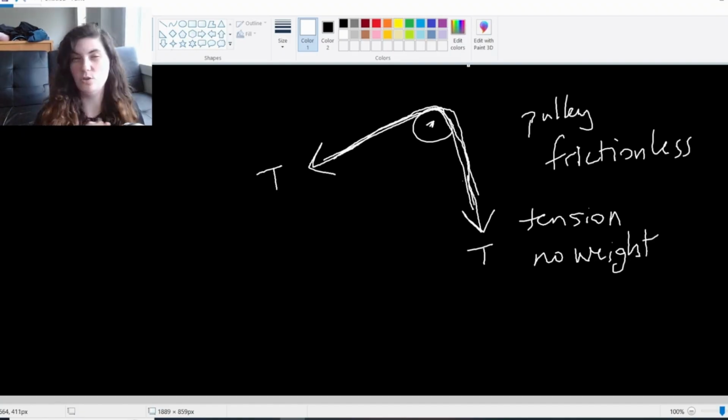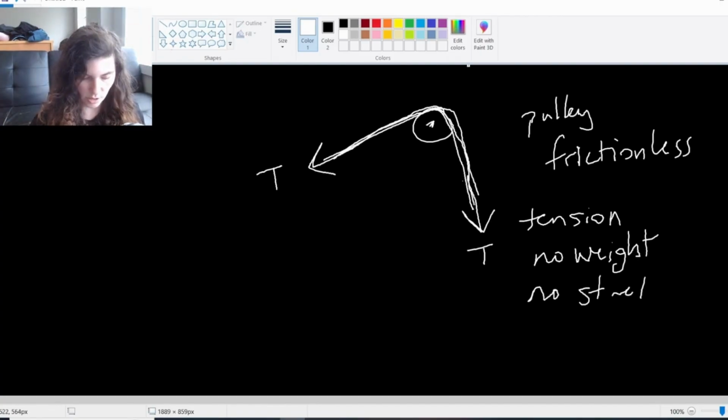We ignore the weight of them, and we assume that they don't stretch. Not like a bungee cord, how a bungee cord stretches out when you pull it, we assume that these cords do not stretch. They get pulled tight, and that's it. There's no give. There's no weight, and they don't stretch.